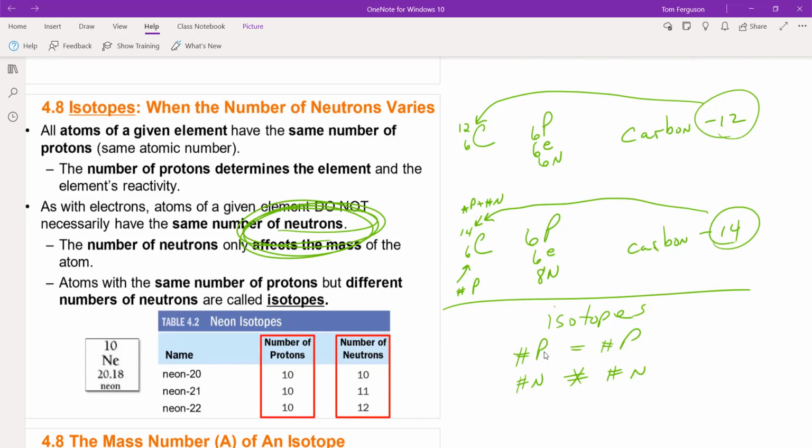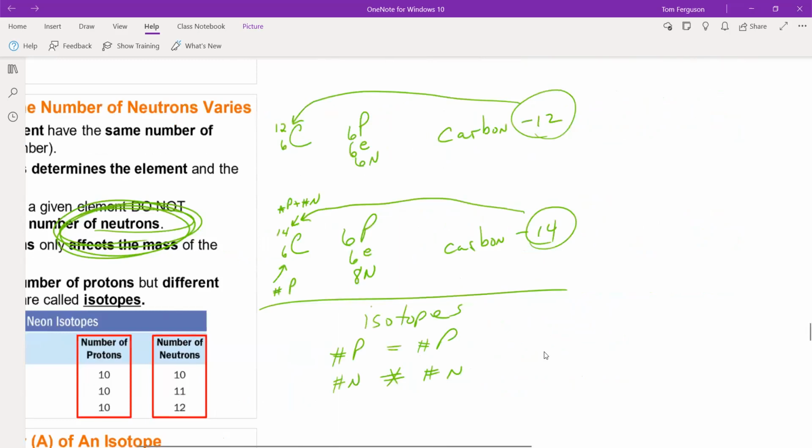So then how do you distinguish one isotope from the other? You're going to learn 2 ways to do it. We looked at carbon 12 and carbon 14. Carbon 12 means it has 6 protons, 6 neutrons.